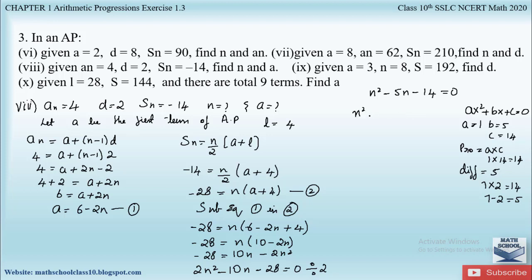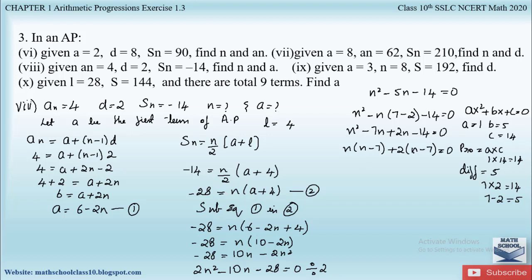So n square minus n into 7 minus 2 minus 14 is equal to 0, or n square minus 7n, minus into minus becomes plus 2n minus 14 equal to 0. If we take n common, we get n into n minus 7 plus 2 into n minus 7 equal to 0.